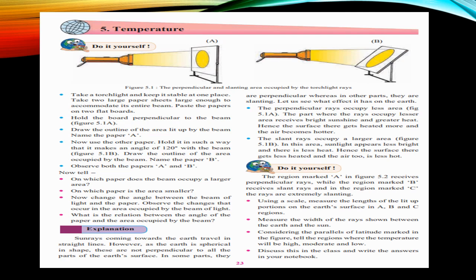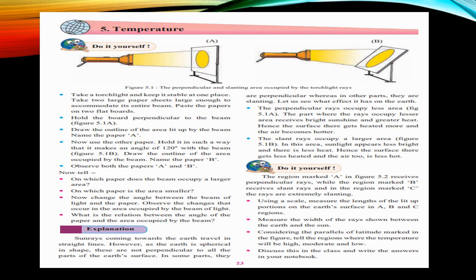Now let us see what effect these rays have on the earth. The perpendicular rays occupy less area. That is figure 5.1a. The part where the rays occupy lesser area receives bright sunshine and greater heat. Hence the surface there gets heated more and the air becomes hotter.